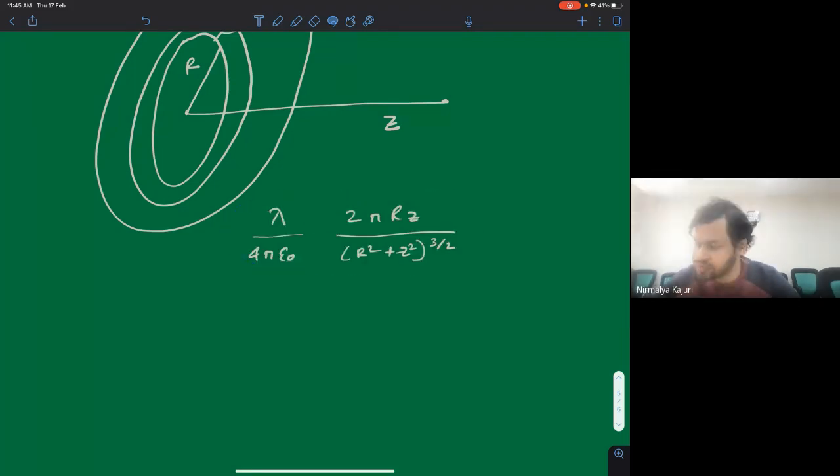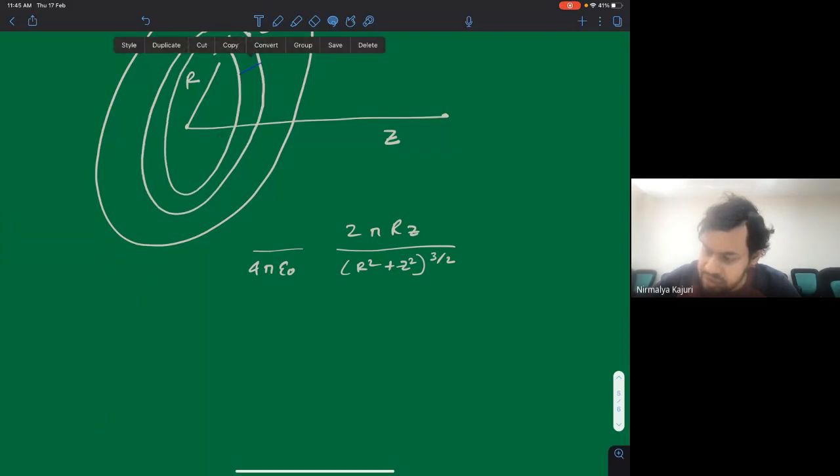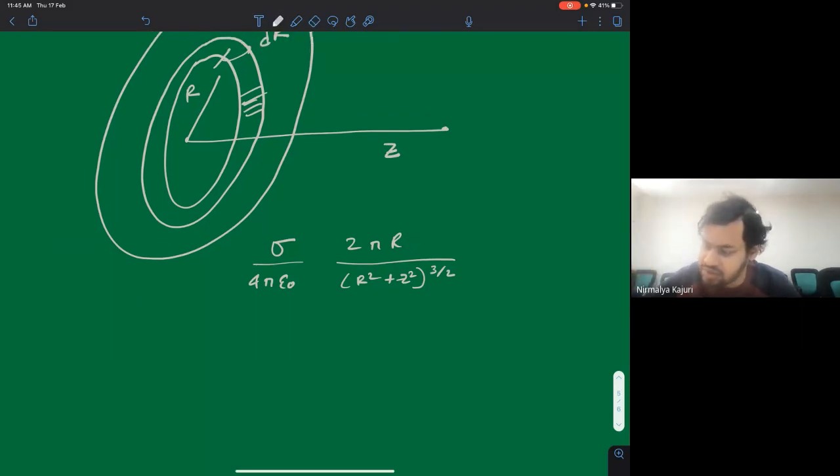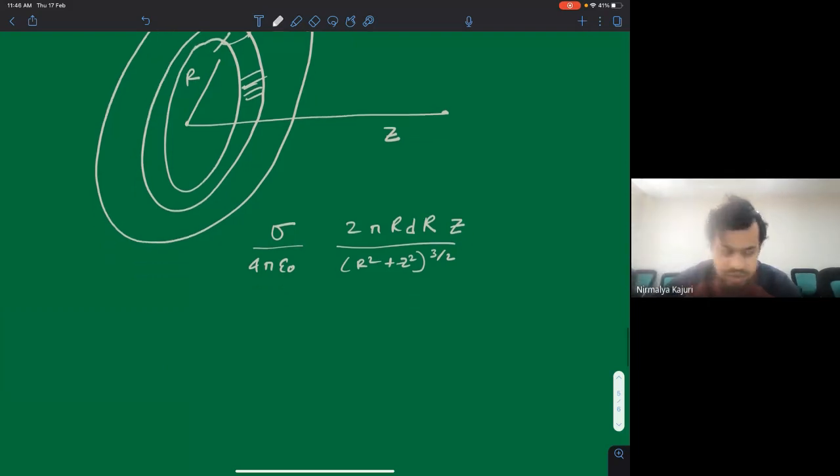So the only difference now is going to be that instead of lambda, we have a charge density over here, which we call sigma, and we have to multiply 2 pi r with the thickness, which is dr, and z is as it is. And now we have to integrate this. So this is for one of the strips, and now we have to integrate over all the strips.